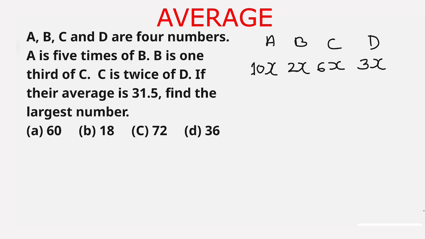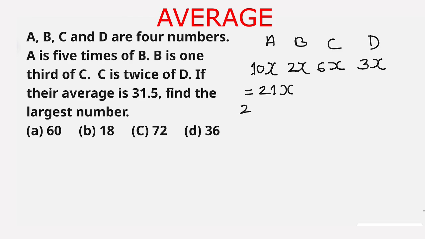Now the sum of these numbers is 10 plus 2 is 12 plus 6 is 18 plus 3 is 21. So their sum is equal to 21x. And we can easily find the sum of these numbers from the average given to us of these 4 numbers.